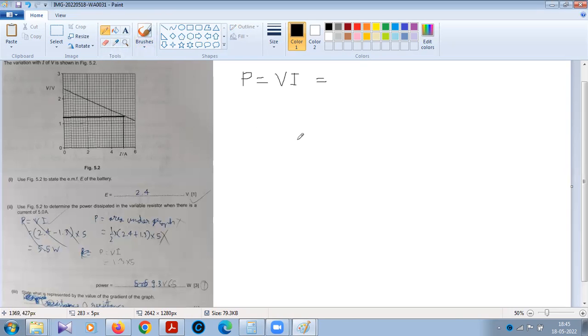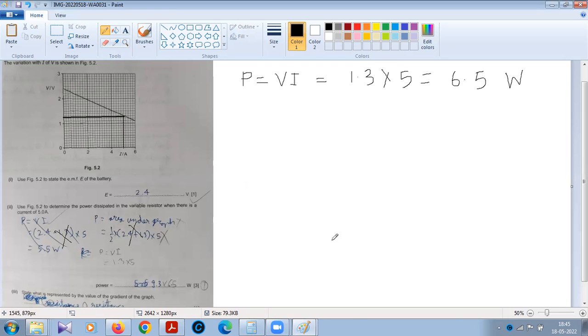V is coming 1.3. And if you multiply 1.3 by the 5, how much are you getting? 6.5. Since it's a power, the units will be watts. So 6.5 watts will be the answer.